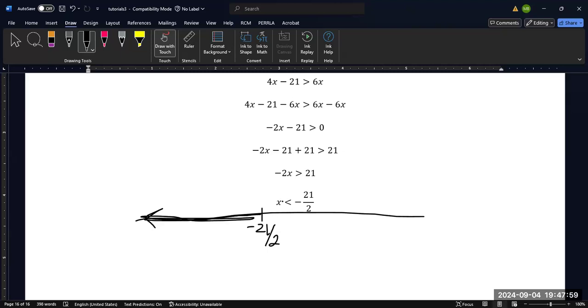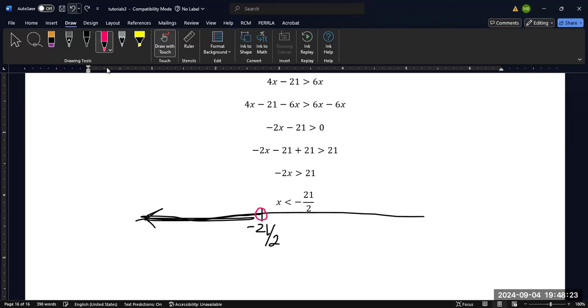I do need to label my endpoint to indicate whether this -21/2 is included or not. And the way that we're going to do that, I'm going to change colors just so that it shows up more easily, is you can either do an open circle, like so, to indicate that that is not included.